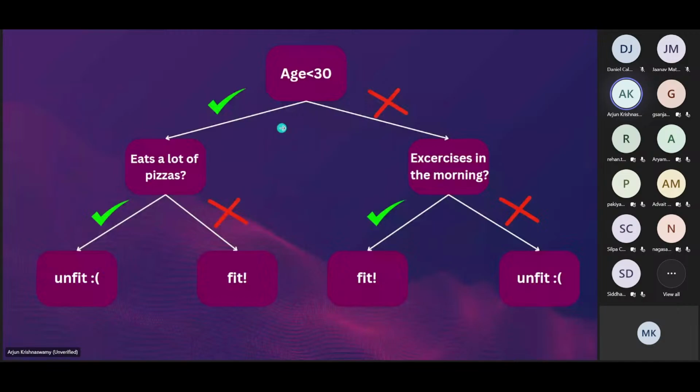So that is a decision tree for a regression task, that is, predicting numerical values. Here, the decision tree is for classifying if the person is fit or not. So it can be used to perform both classification and regression, which makes it a very useful machine learning algorithm. In our session here, we'll be mainly focusing on decision trees.